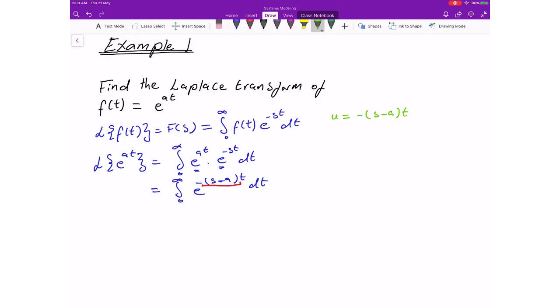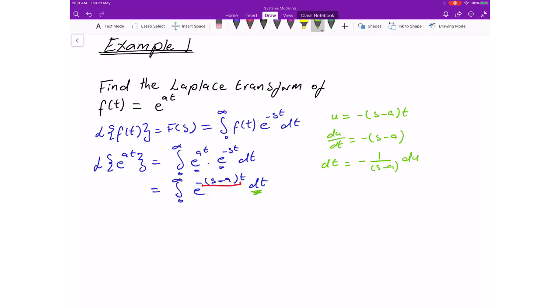If we differentiate this equation, du dt is equal to minus s minus a, and remember our t disappears, because we are differentiating with respect to t. Then we solve for dt, because we need the dt to be able to substitute it back in here. So dt is equal to minus 1 over s minus a times du.